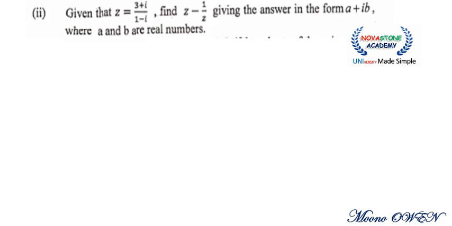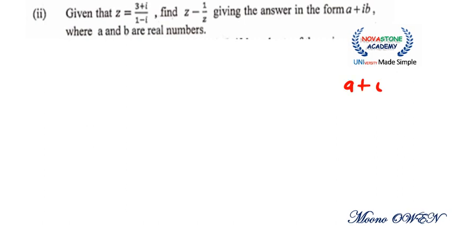Now what are we talking about here? We're talking about complex numbers, right? A plus ib. The a and the b are the real numbers they're talking about. However, the i in this case is the imaginary part.